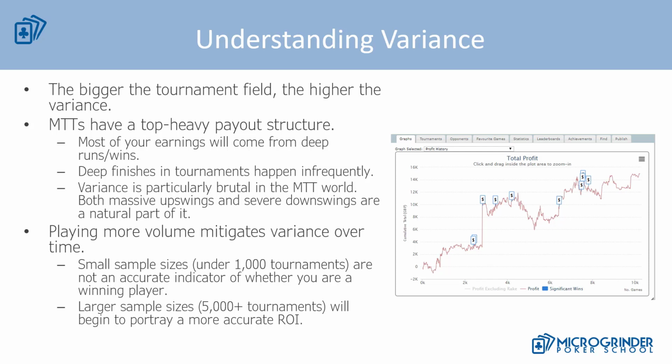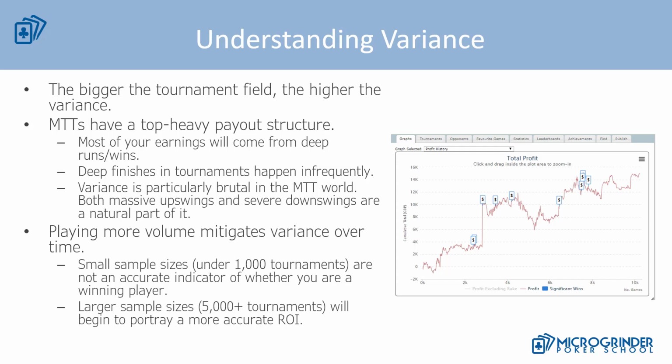If you're playing anything upwards of 400 or 500 players, you're going to need a sample of more than 1,000 to get an even slightly accurate ROI. I really think from about 5,000 tournaments onwards, especially if you're playing small tournaments, is really where you can start to get a more accurate figure.